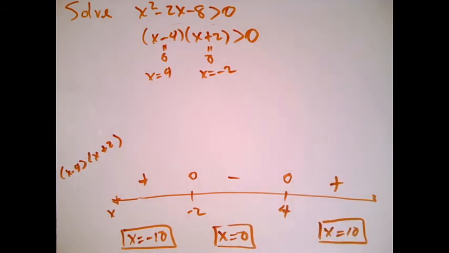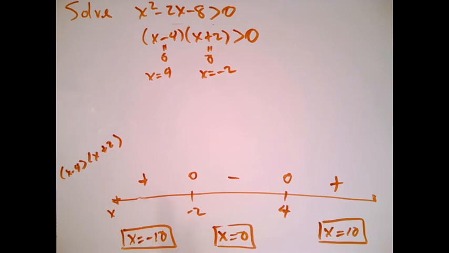Now, remember what this says. This does not say that negative 10 is positive. It says that when I plug a negative 10 into this, I get a positive answer. Now this, by the way, is going to tell us that no matter what number I plug in back in here, I'm going to get a positive answer, because the only places where this polynomial can change sign are here and here. So if it's ever positive once out here, it's positive the whole time. Same thing here.